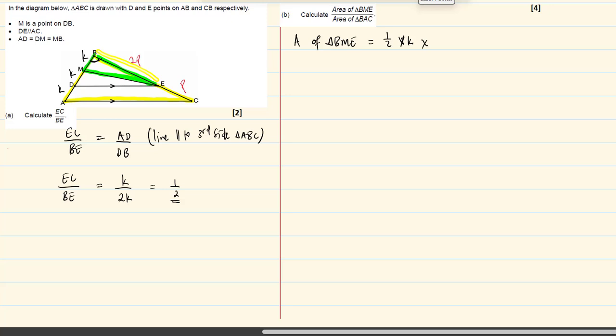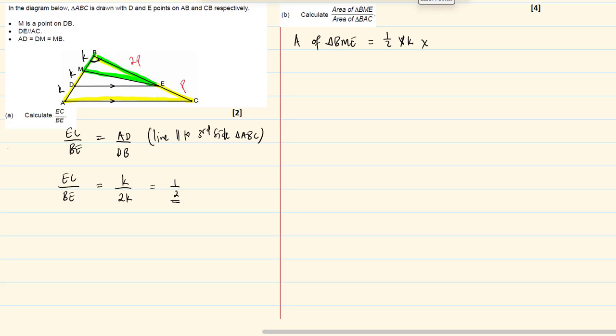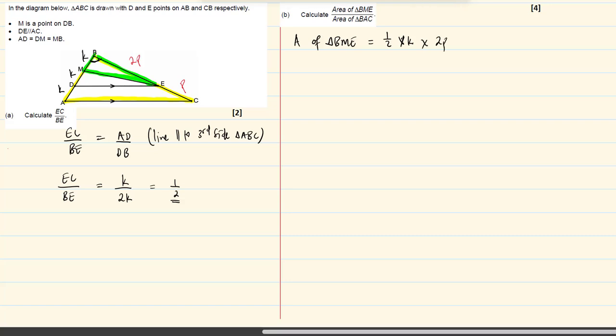We just worked out that that's 2P units, multiplied by the sine of angle B.